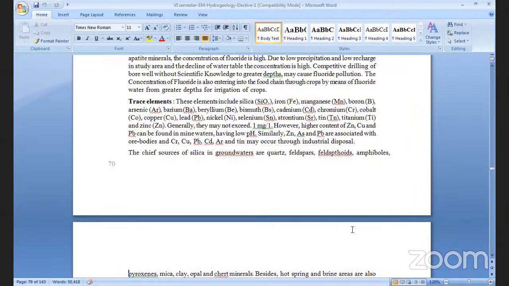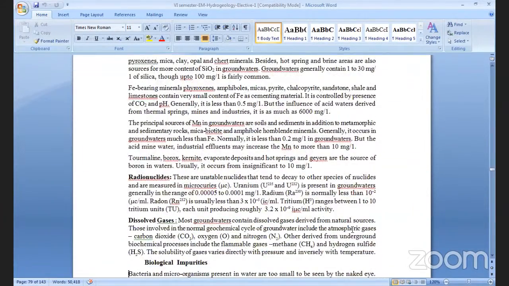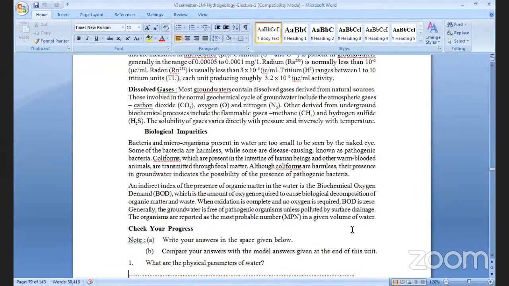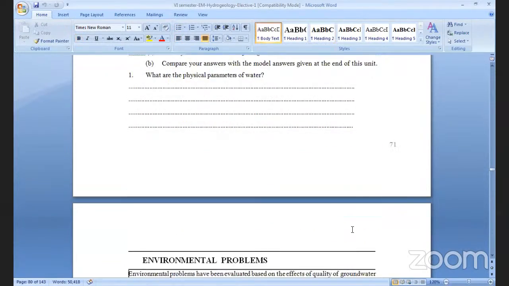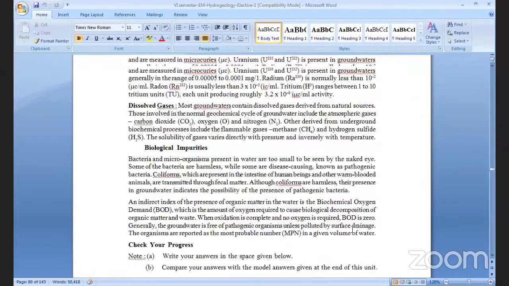The trace elements also play a very important role in the contamination of groundwater, and radionuclides, dissolved different gases, and some COD and BOD. And some other biological components are also there.